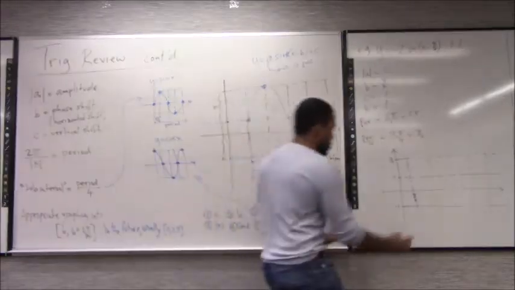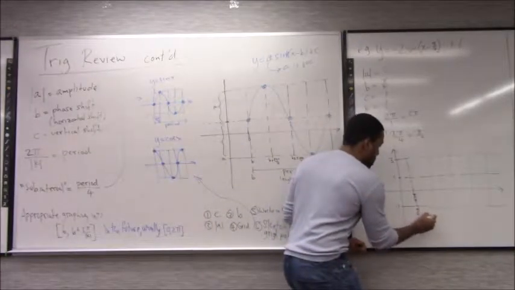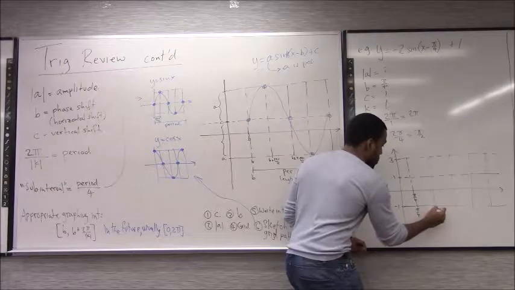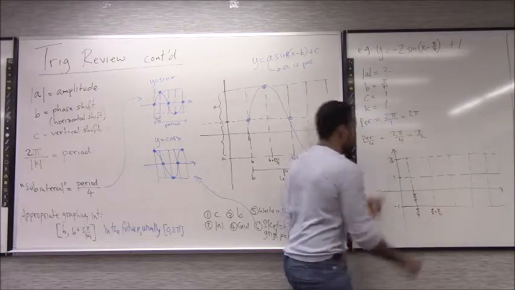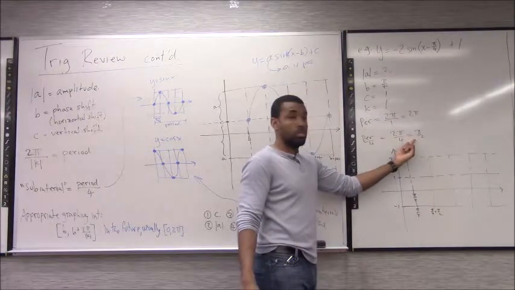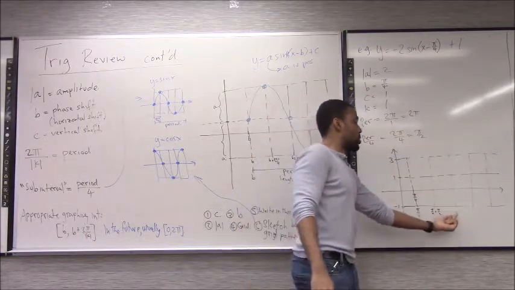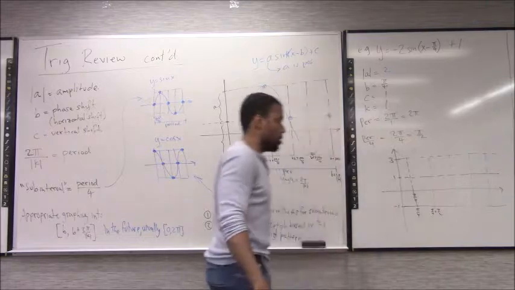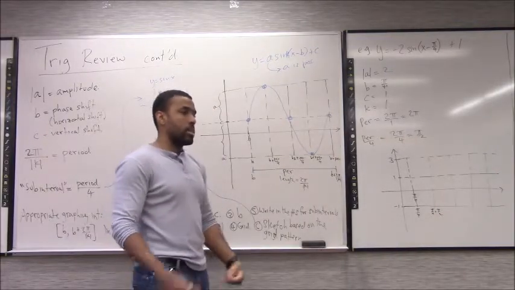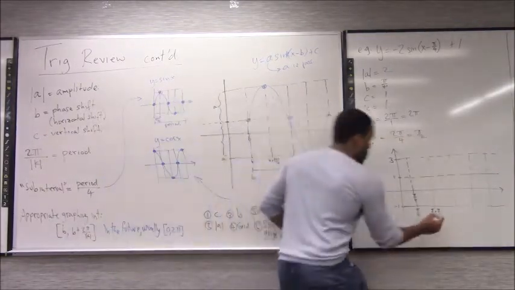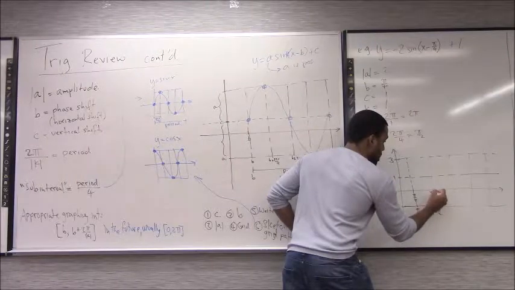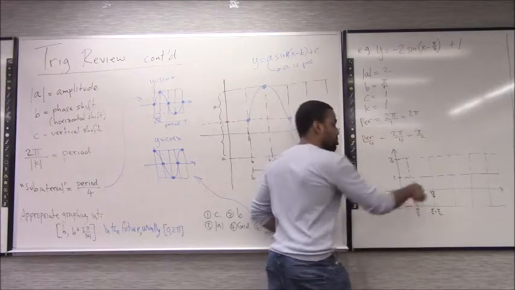Right? So this I know is pi over 4. This guy is going to be pi over 4 plus pi over 2, right? Because that's my period over 4. So I start here and I add that 4 times in order to get every point. So pi over 2 I can think of as 2 pi over 4. So I know that this one is going to be 3 pi over 4 plus 2 pi over 4.